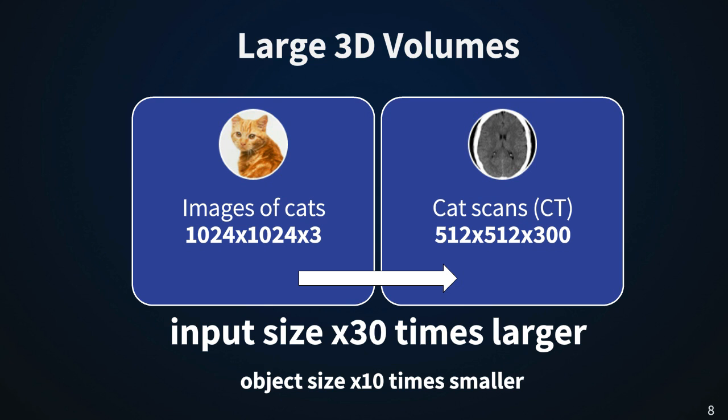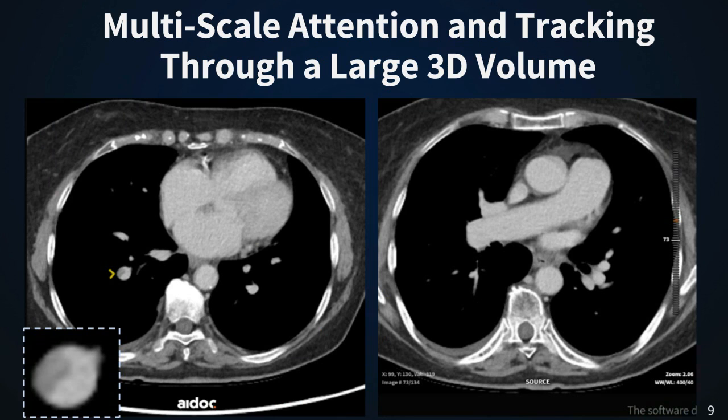So the medical imaging images are 30 times larger, but the object size is 10 times smaller. So the challenge of the 3D volumes gives us a lot of different challenges. Some of them are computational, some of them are algorithmic, and I want to focus on one very interesting challenge that we have solved in our company.